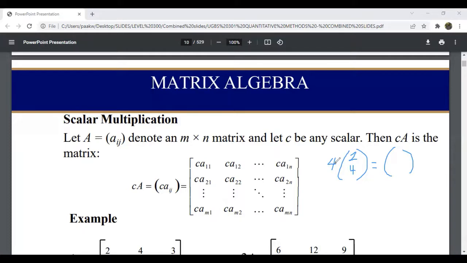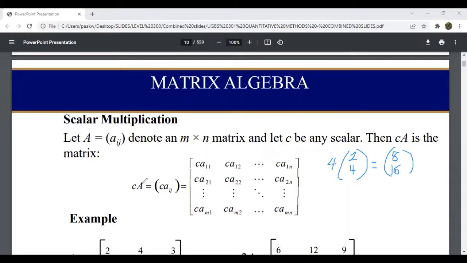So we use the 4 to multiply the 2 and the 4, and the final answer will be 8 and 16. The same thing applies here. You are given a certain matrix and a non-zero scalar, a whole number or a negative number, but it shouldn't be 0. You use that number to multiply every element in the matrix.